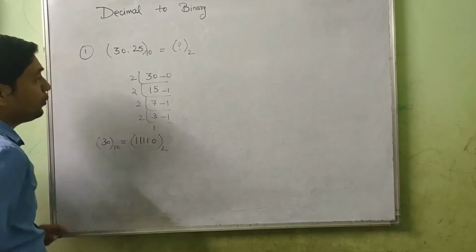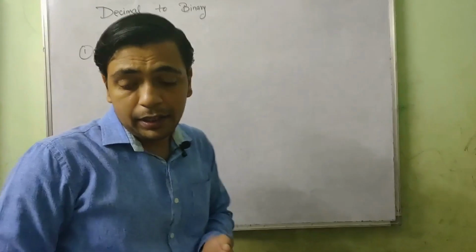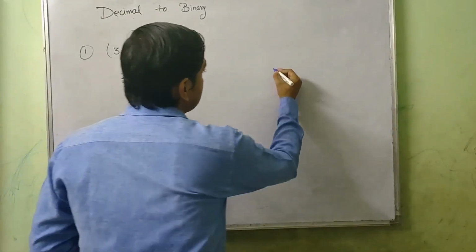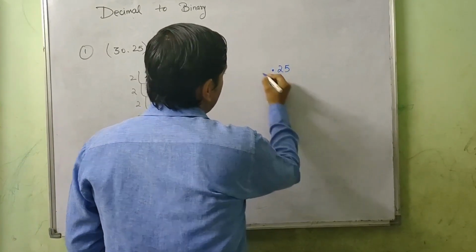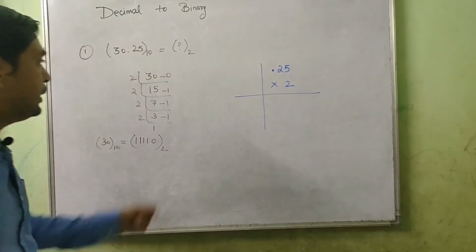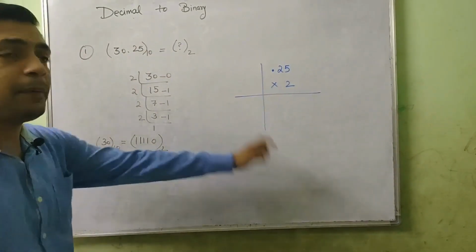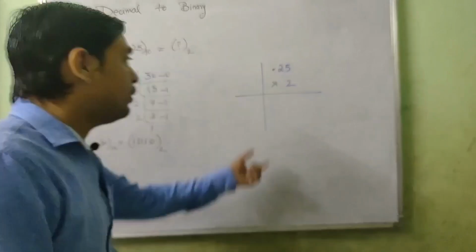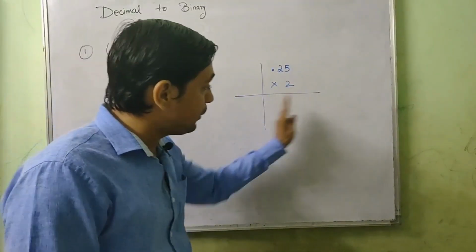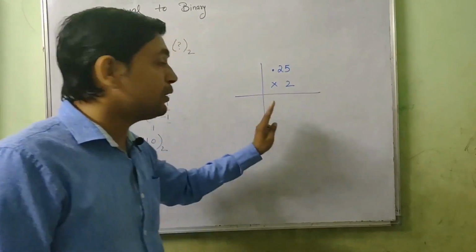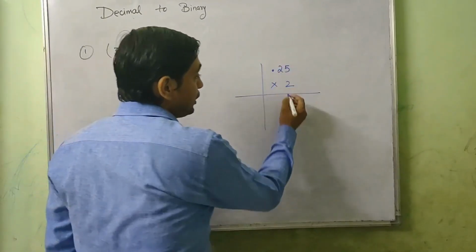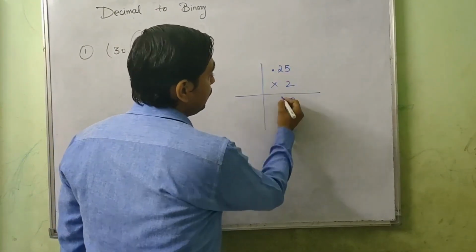But now you have to convert 0.25 into binary as well. So how to do that? How to convert a fractional decimal part? We'll note down the fractional decimal part, and instead of dividing by 2, you will multiply by 2. So the integer part is divided by 2, the fractional part is multiplied by 2. And how will the multiplication be done? You will multiply and note down the fractional part on this side of the product, and the integer part on this side. So 5 2s are 10, 1 carry, 2 2s are 4, 1 is 5.